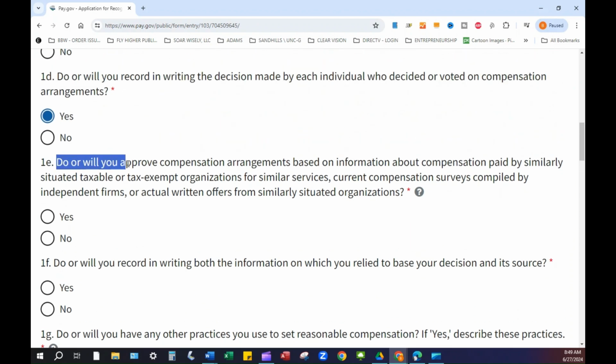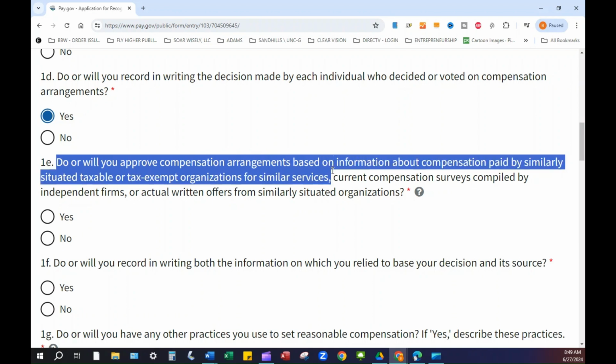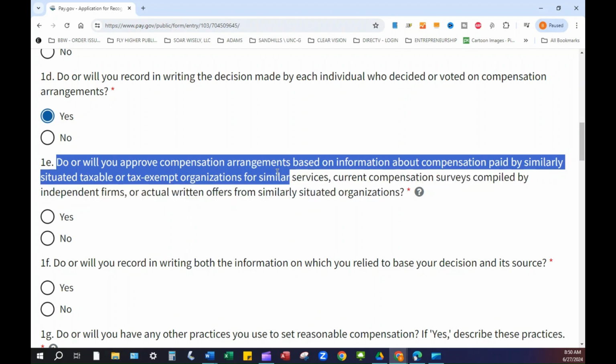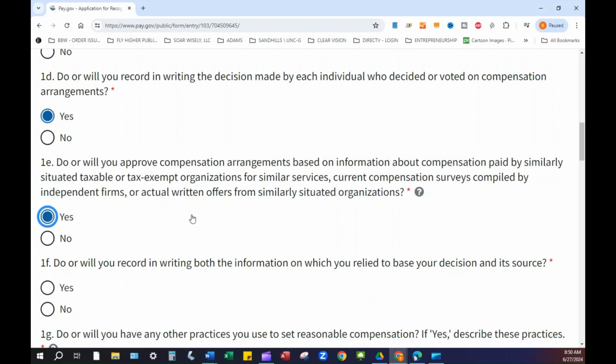Do or will you approve compensation arrangements based on information about compensation paid by similarly situated taxable or tax exempt organizations for similar services, current compensation surveys compiled by independent firms, or actual written offers from similarly situated organizations? Yes. You know why?